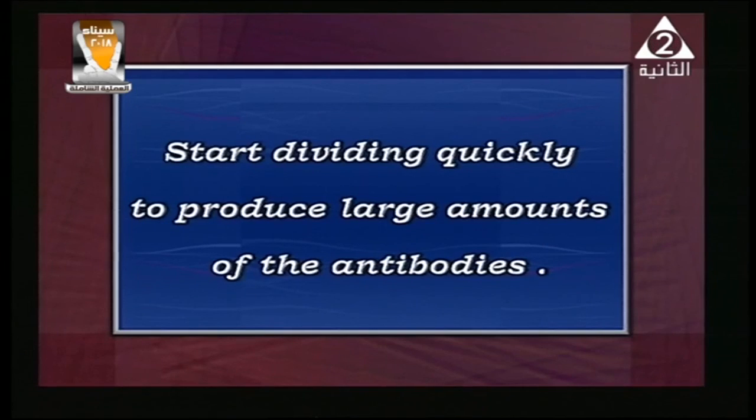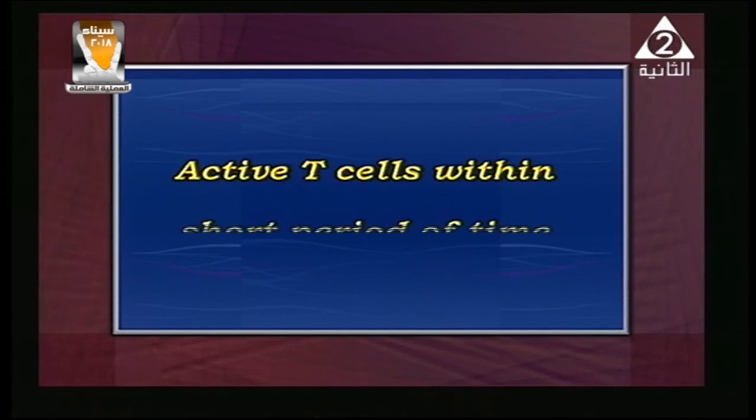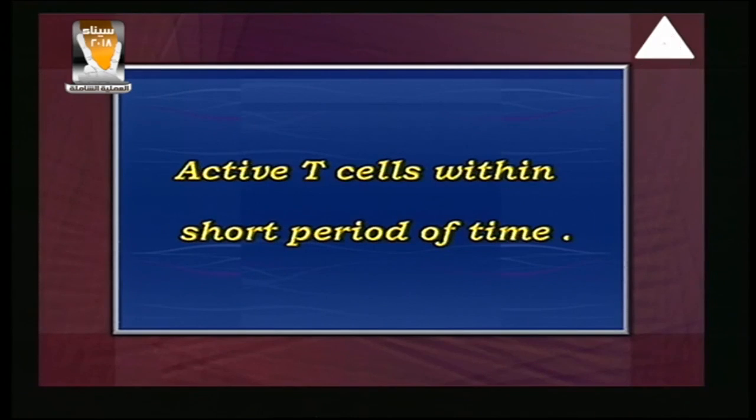It is necessary for the memory cells that you have already been infected by this pathogen before. And after division, the active T cells act within a short period of time, not more than that.